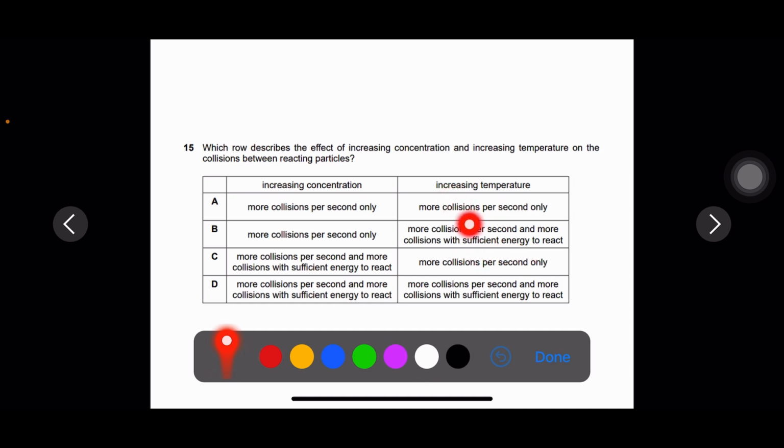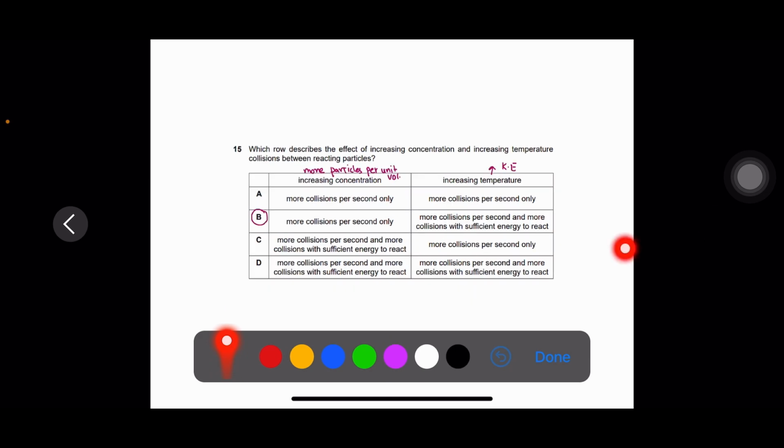Temperature is connected with energy, but other factors like concentration and surface area don't affect the energy of particles. So increasing concentration only increases collisions per second, and increasing temperature gives rise to more collisions per second and also more collisions with sufficient energy to react. Option B will be the correct answer.